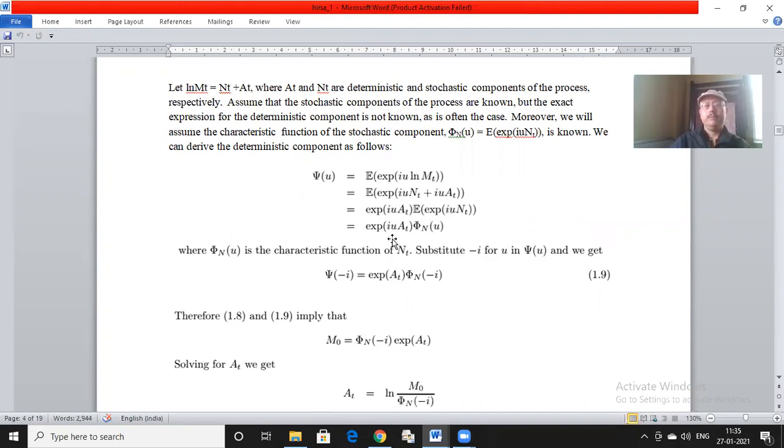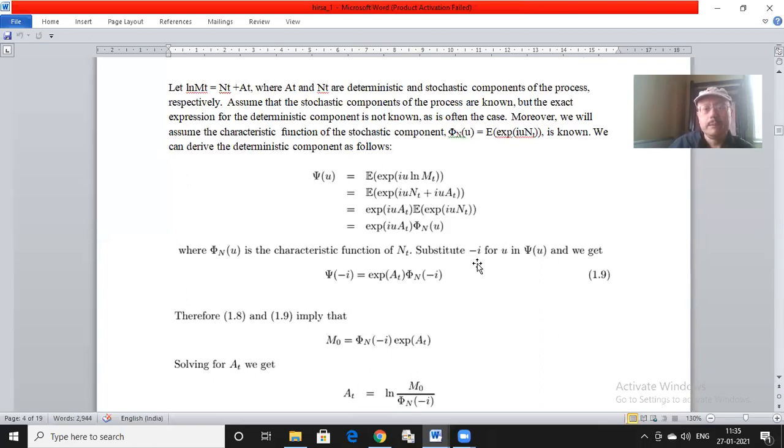One of them I can take out because, as I said, my A part is deterministic, so that can come outside the expectation. And whatever remains inside, I have assumed that that form is known to me, that is phi n u. So this part is phi n u, which is known to me. I have taken out the deterministic part, which actually I want to evaluate.